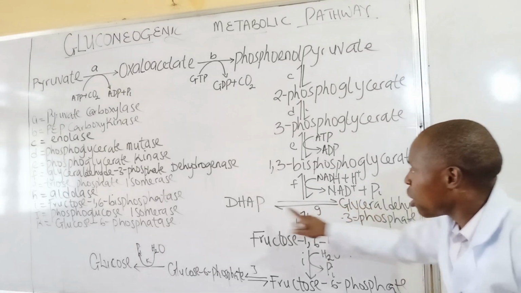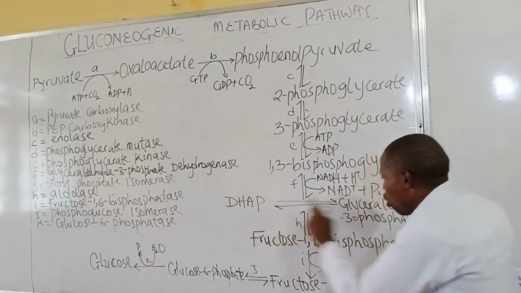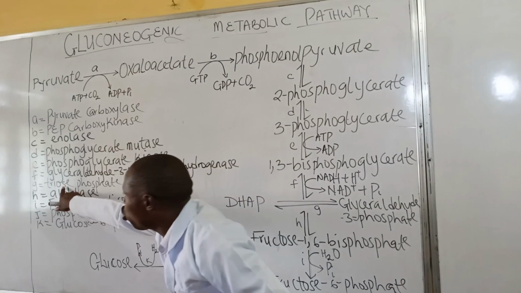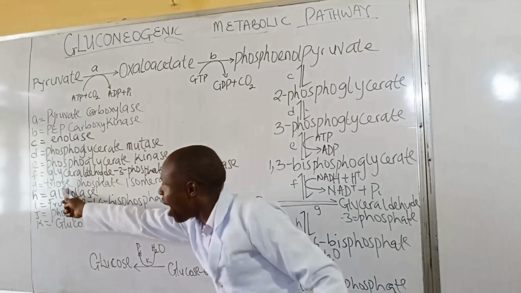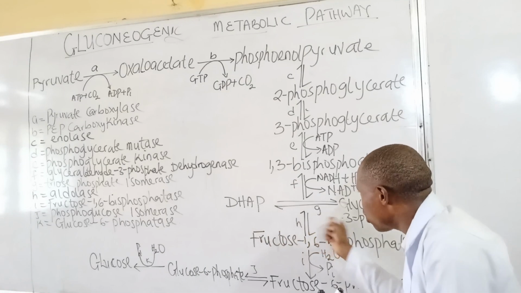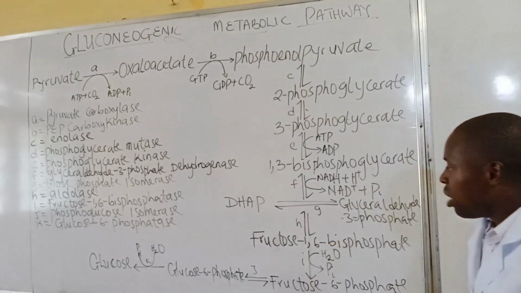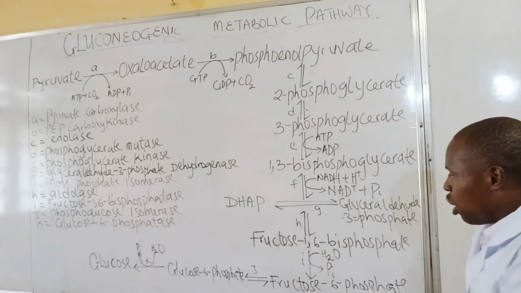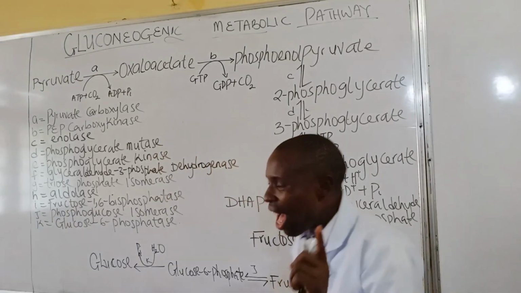What connects dihydroxyacetone phosphate to glyceraldehyde phosphate is called triose phosphate isomerase. Take note, triose phosphate isomerase. What connects these together is this enzyme. And then from here straight down to fructose 1,6-bisphosphate, it is controlled by the enzyme aldolase. Take note, aldolase.